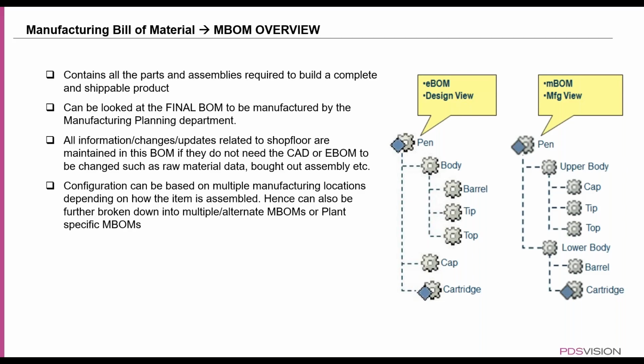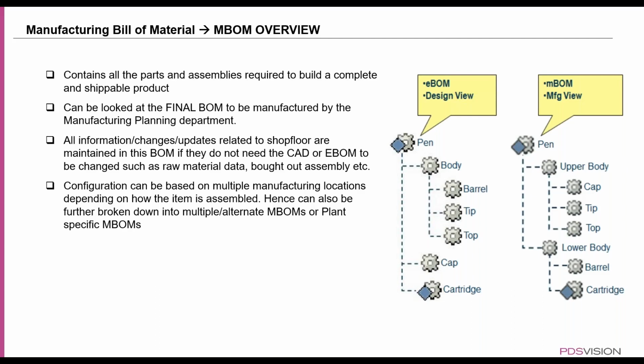And again, when you're creating an EBOM, you're not really worried about things that are involved in the manufacturing, like consumables, or material. I mean, you can specify material on the part, but you're not going to design that into your EBOM.